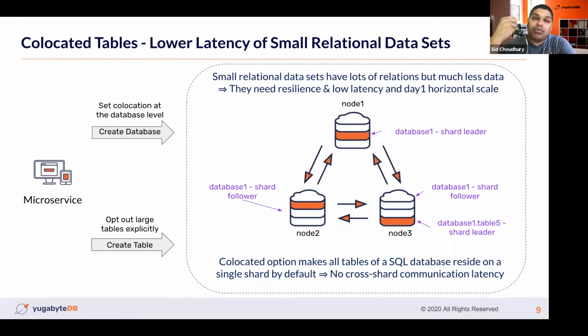We can force that table to not follow the co-location semantics and create its own shards, just the way YugabyteDB usually does. Why? Because we expect that table to have a lot more data than some of the tables that are present in the overall SQL database. So this is a win-win scenario where for the majority of queries, there will be extremely low latency.